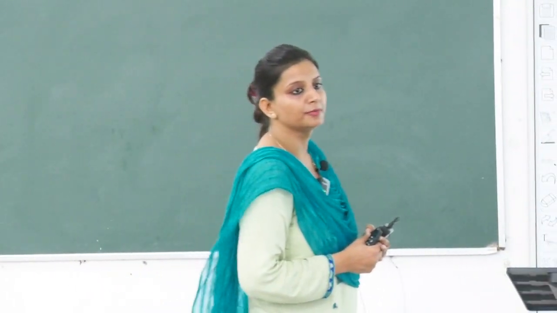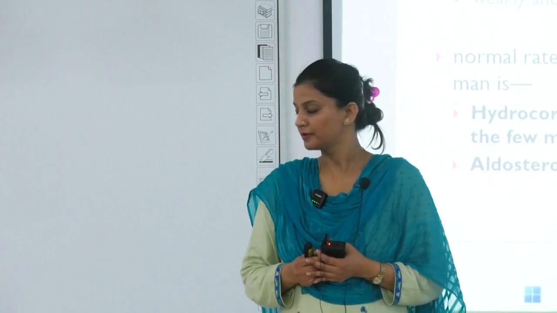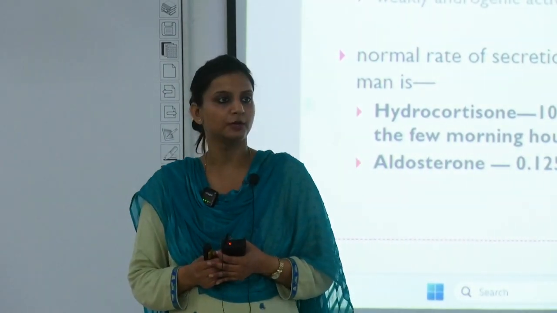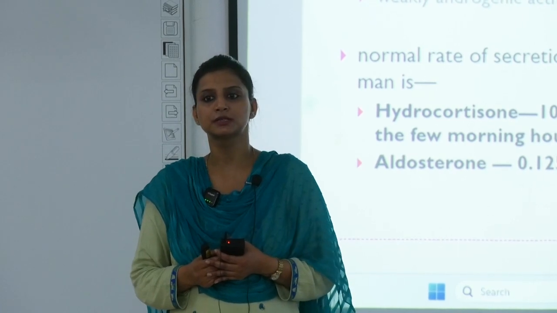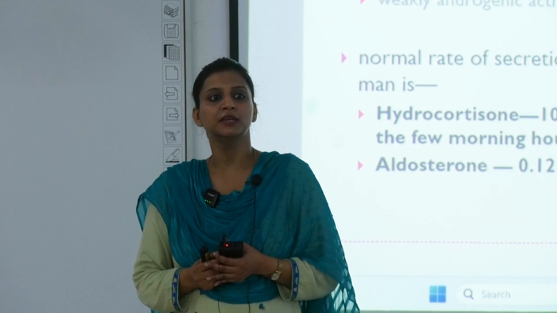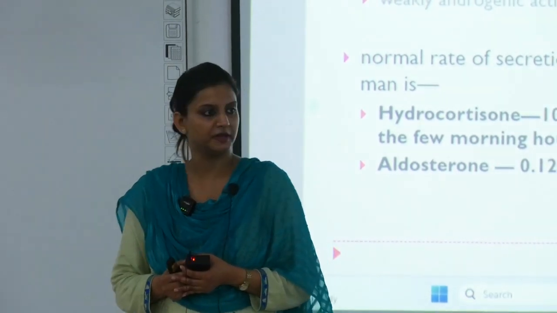What is the secretion from the outermost layer? Mineralocorticoids. From the middle layer, glucocorticoids, and the innermost, steroids, androgens, which are the main source of estrogens for men and postmenopausal women.